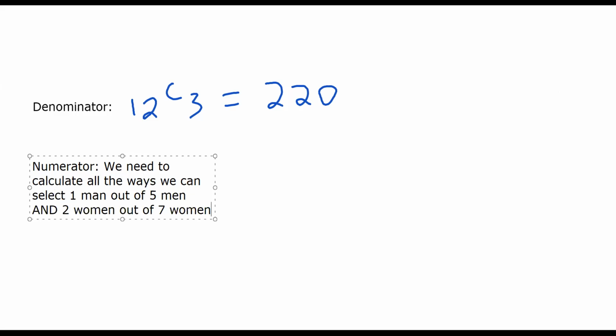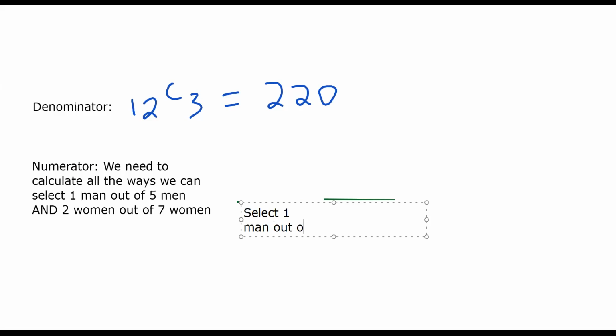All right. Well, that sounds to me like we need to use that fundamental counting principle. We have 2 tasks. I'll use a different color. How about green? We have 2 tasks. Our first task then is to select 1 man out of 5 men.